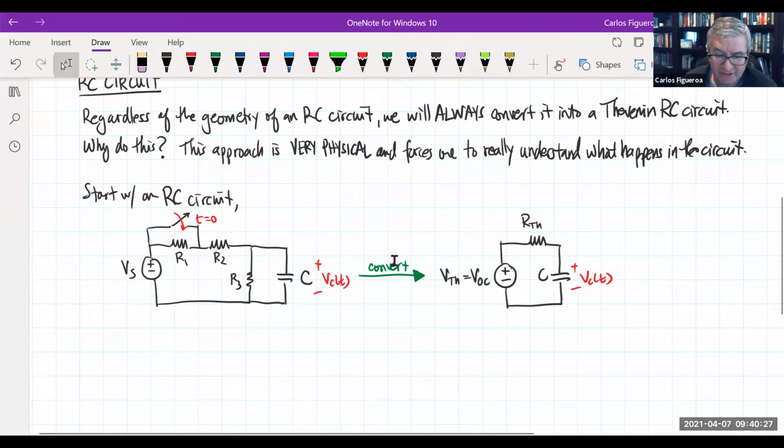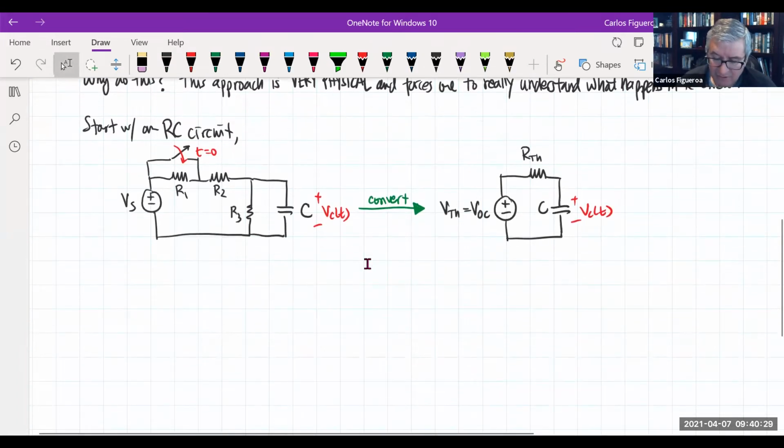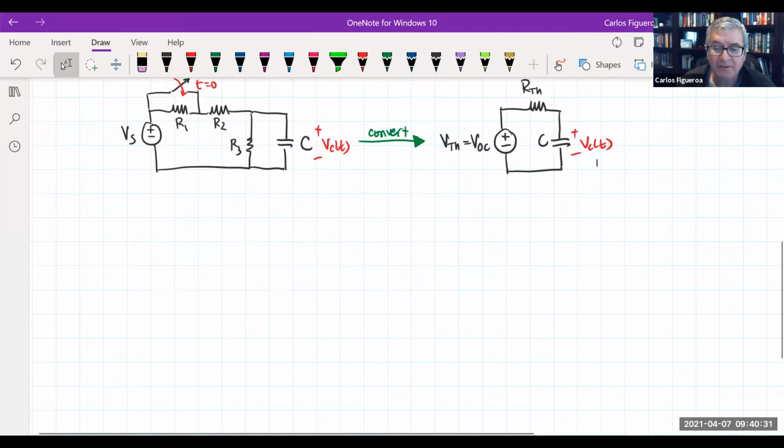And what you're going to see here is that as I look at the circuit, there's a couple of things that really come to mind.